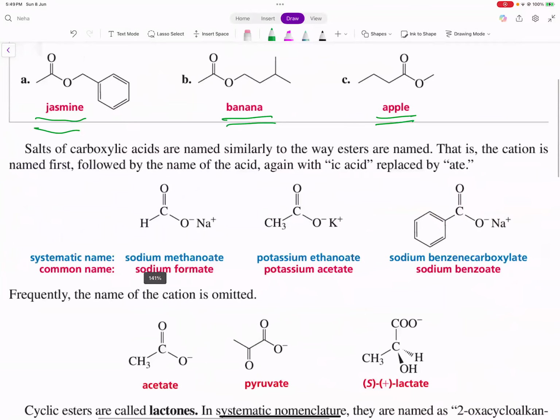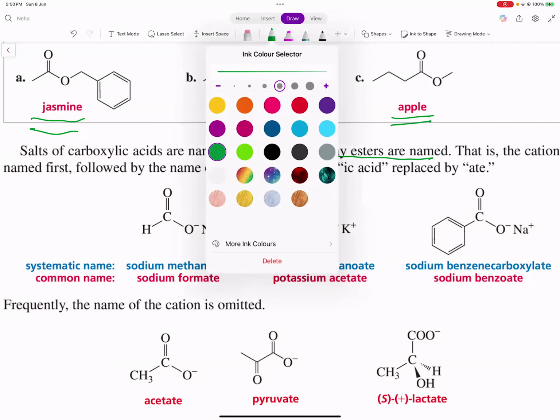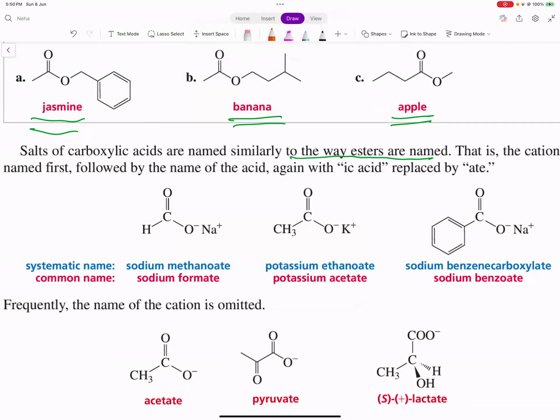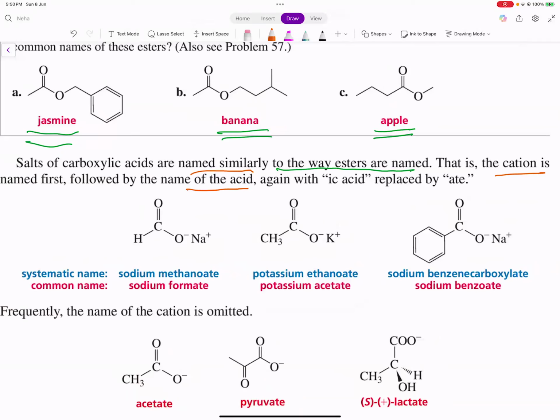Salts of carboxylic acids are named similarly to the way esters are named. That is, the cation is named first, followed by the name of the acid, again with ic acid replaced by ate. In the first case, the cation is named first, so it is sodium, and this is formic acid, so this becomes sodium methanoate, right?